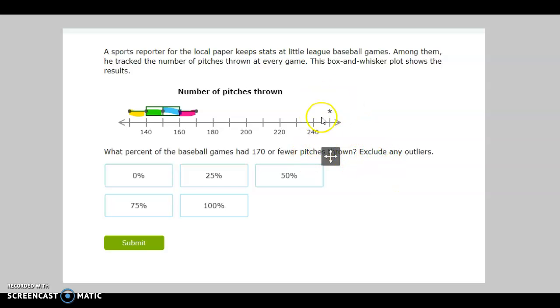Exclude any outliers. So I'm not going to pay attention to this star out here at all because it tells me to exclude that. So I'm going to go to 170, which is here. And I want to know how many were fewer than that. Well, all of those points are less than that. So 100%, 25, 25, 25, and 25, 100% was fewer.